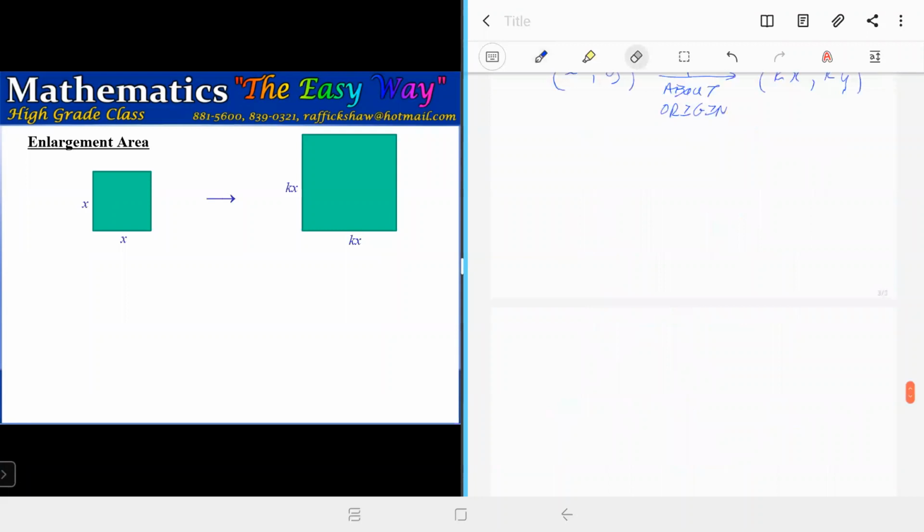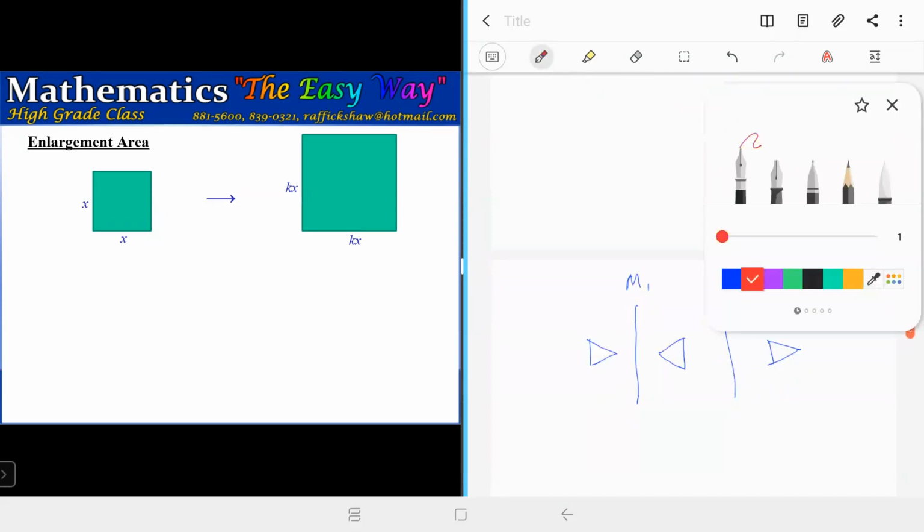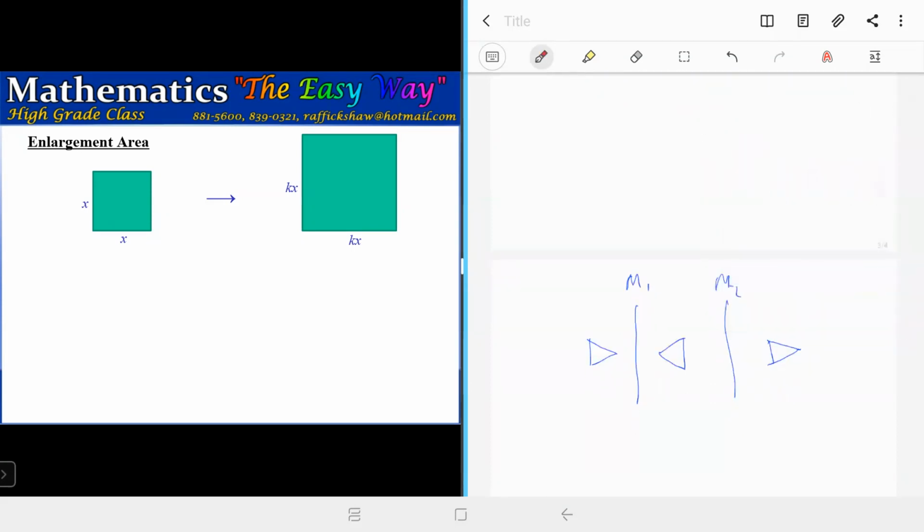We said two reflections over parallel lines. If you have two parallel mirror lines, like mirror line 1 and mirror line 2, right? And I have a triangle, for example, here, and I reflect it, it's going to go there. And then I reflect this one over here, now it's going to come back here. Two reflections is equivalent to one translation. To go from this first triangle straight across to this triangle is a translation.